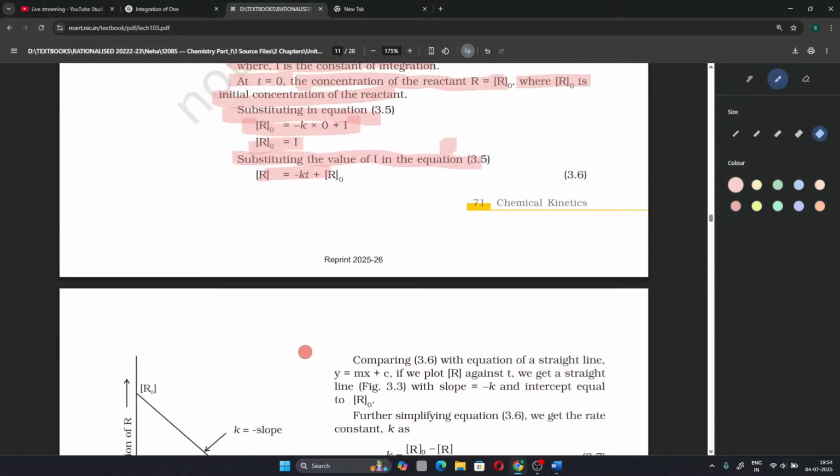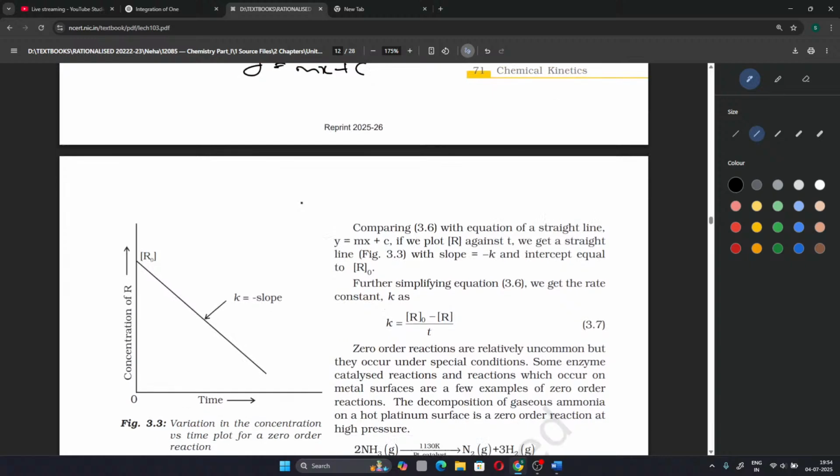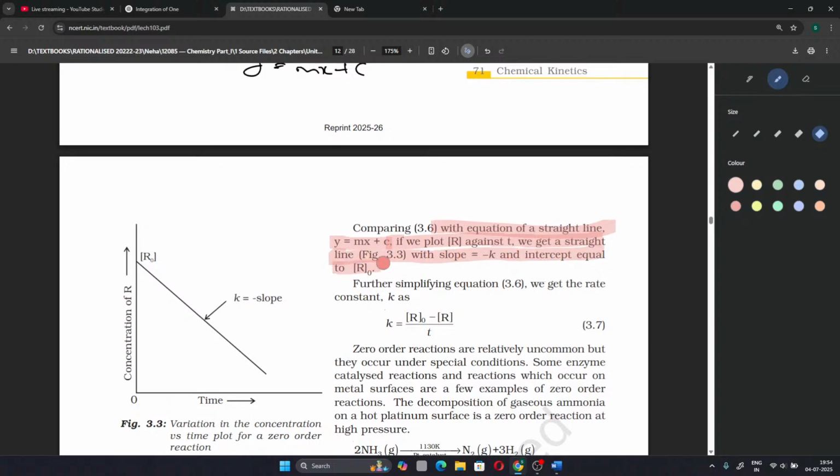Comparing equation 3.6 with the equation of a straight line, y equals mx plus c, where m is the slope, x is the x coordinate and y is the y coordinate, if we plot the concentration of R against t, we get a straight line with slope minus k and intercept equal to R naught.